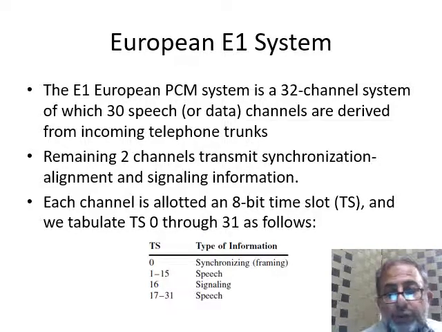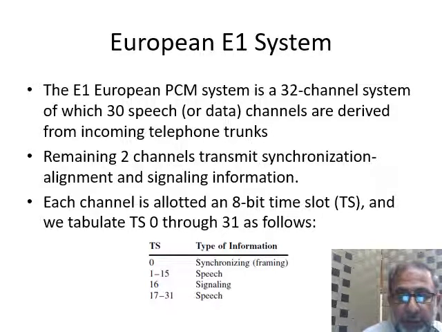of which 30 are used for speech or data, and are derived from incoming telephone trunks. Basically, these are the 30 voice channels which have been digitized and converted from the analog format to the digital format.